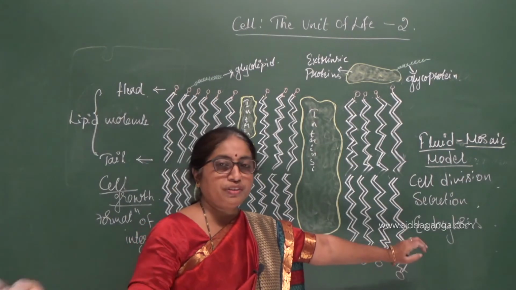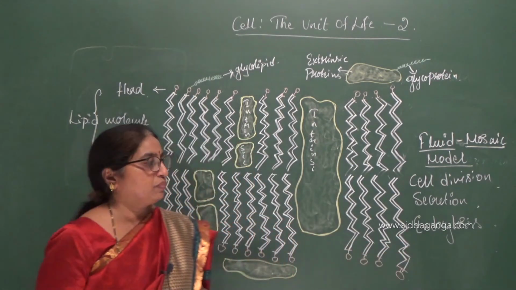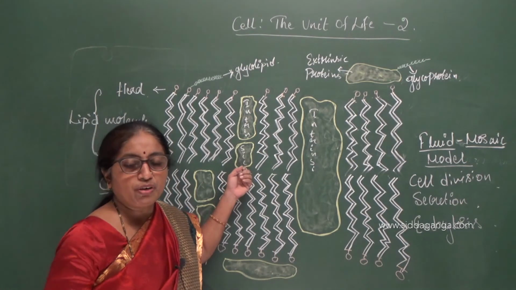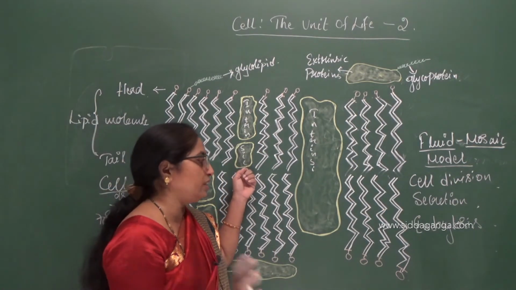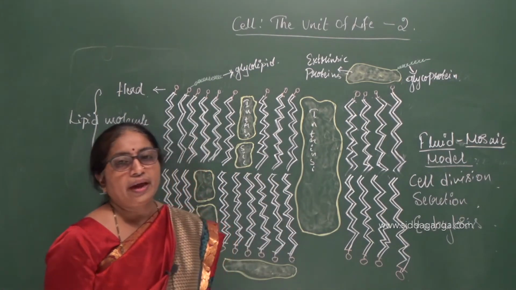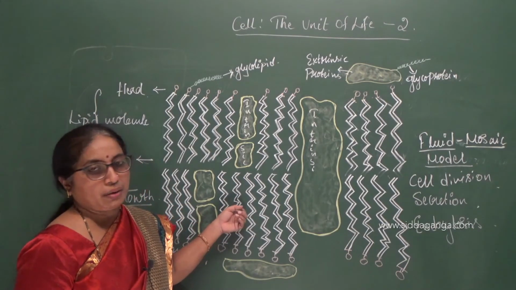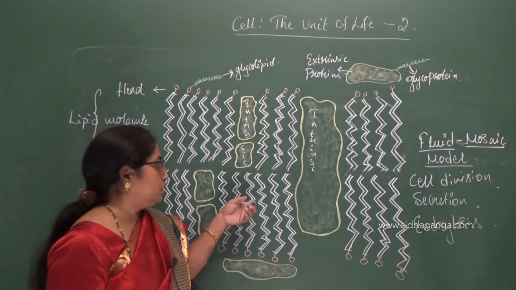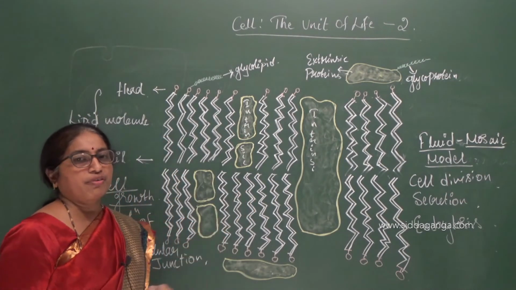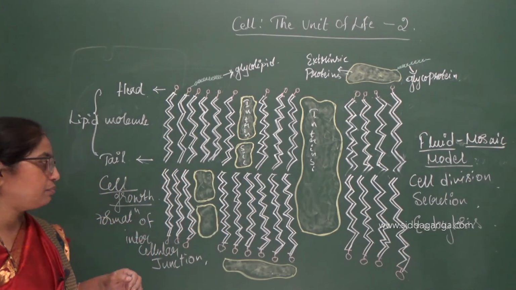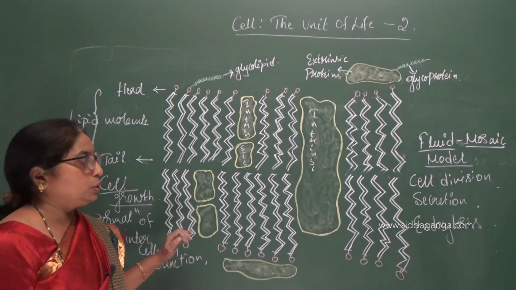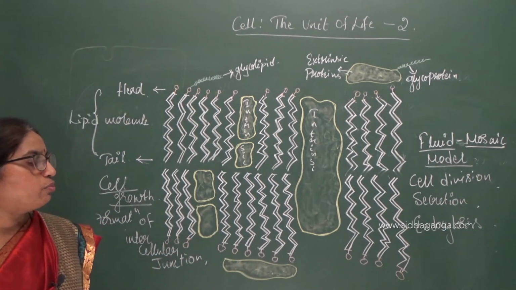Endocytosis is the movement of certain molecules into the cell. So it promotes the movement of certain molecules inside the cell, hence the word endocytosis. So that is about the fluid mosaic model of Singer and Nicholson, very important from the exam point of view. For board exams, it's very important.